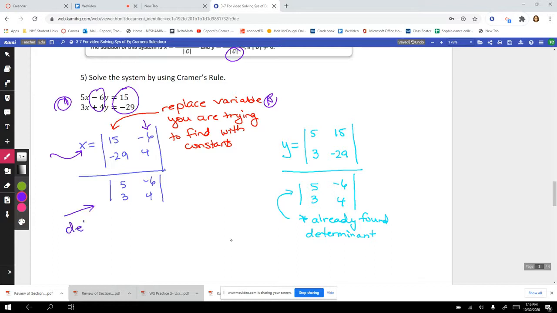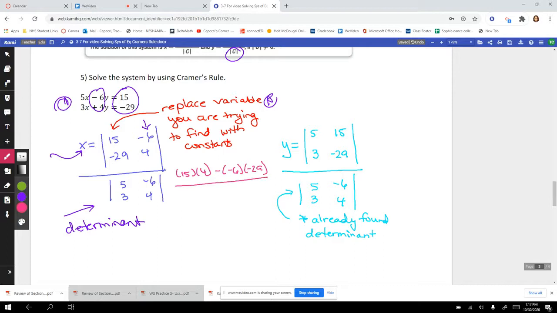Underneath here, this is my determinant. You're going to use the coefficients for x and y. So that's why I have 5 and 3 and -6 and 4. Okay? So what I'm going to do now is I'm going to start multiplying. So I have 15 times 4. And I'm going to subtract -6 times -29.